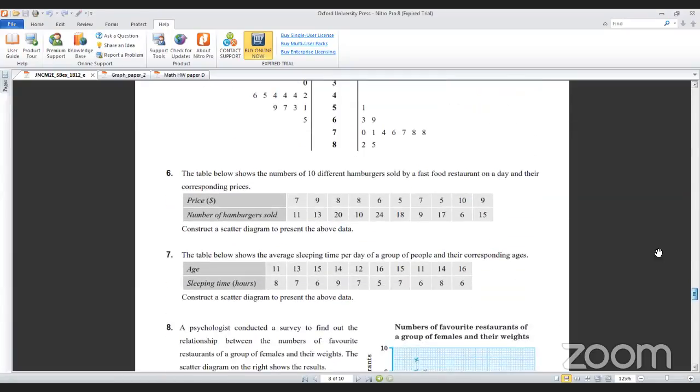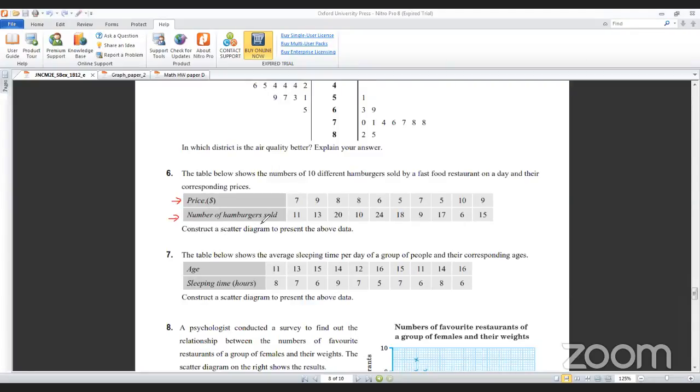But this one, we want to talk about something called relations. Whether this one is related, this one cheaper, will I sell more? Something like that. We look at different things. Now, therefore, I think you can refer to your book, and I'm going to show you how to draw the scatter diagram.